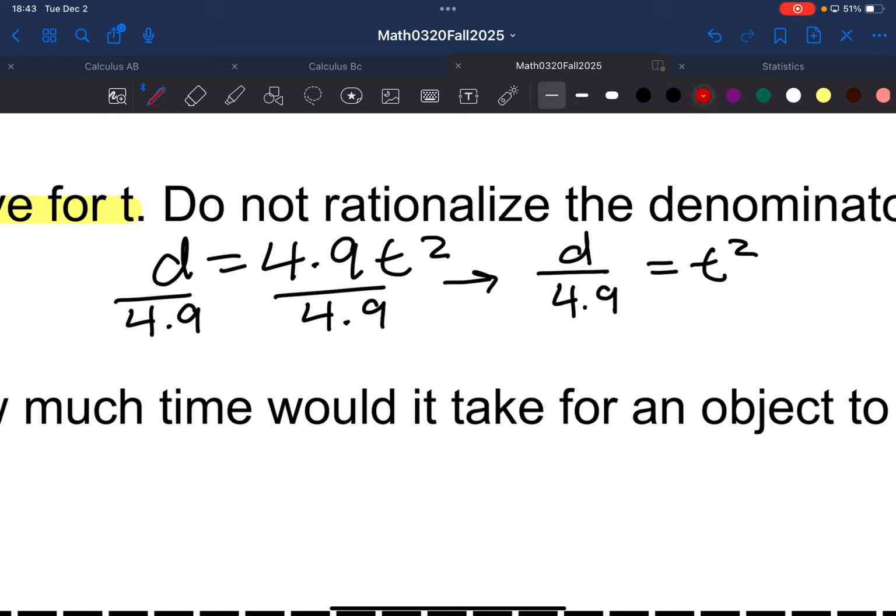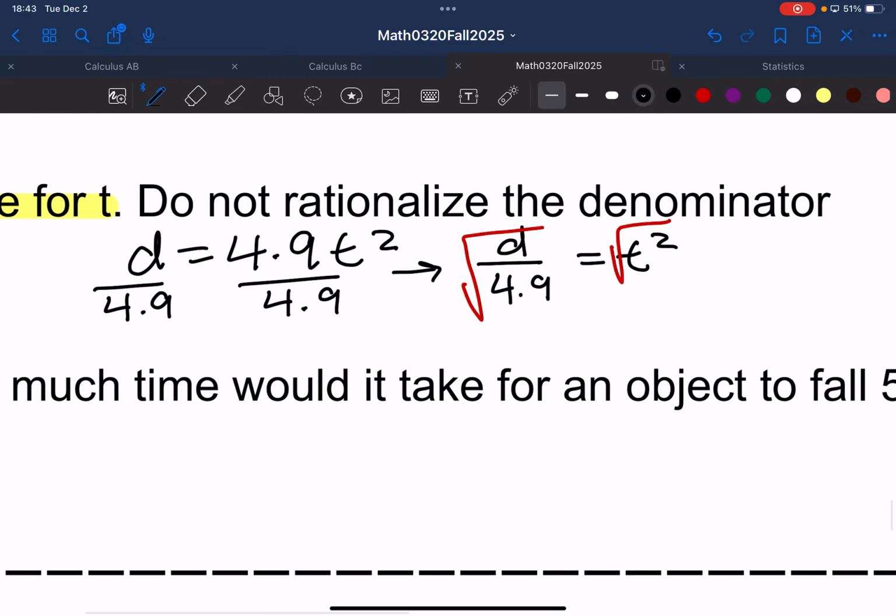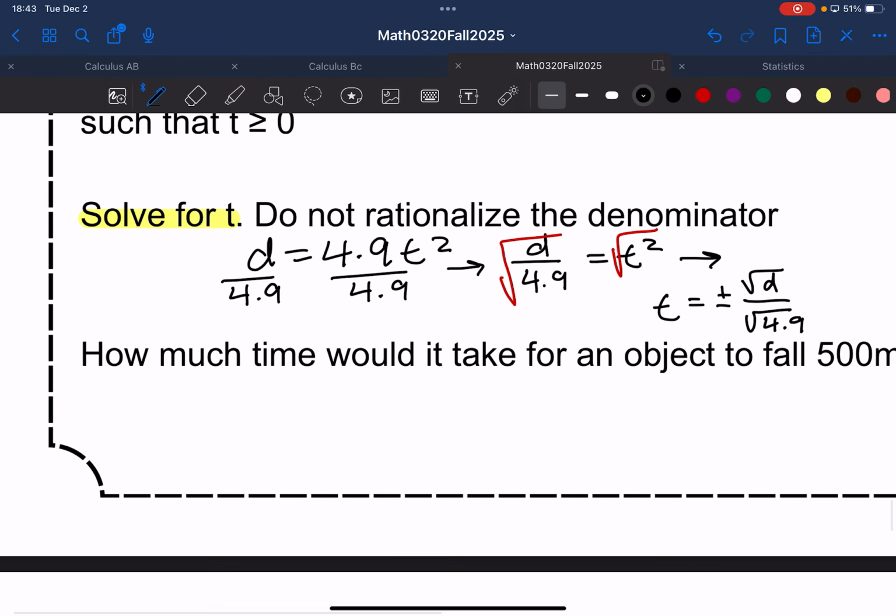Now we take the square root, and when we take the square root, we always have plus and minus. So this means we have t is equal to plus or minus the square root of d over the square root of 4.9. Okay, that is our answer because it says solve for t.